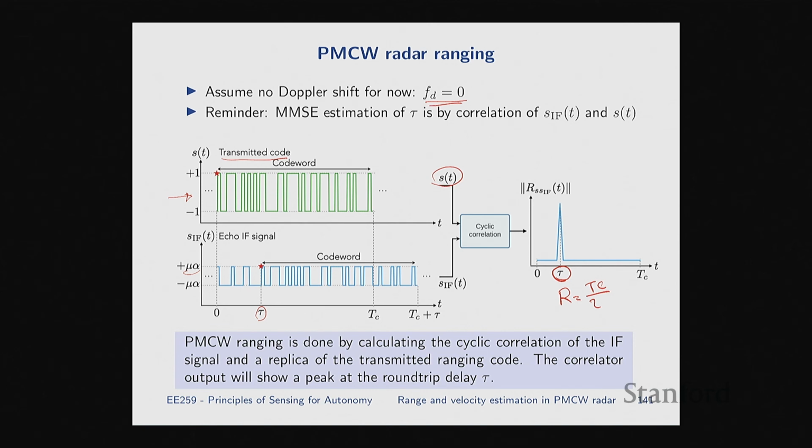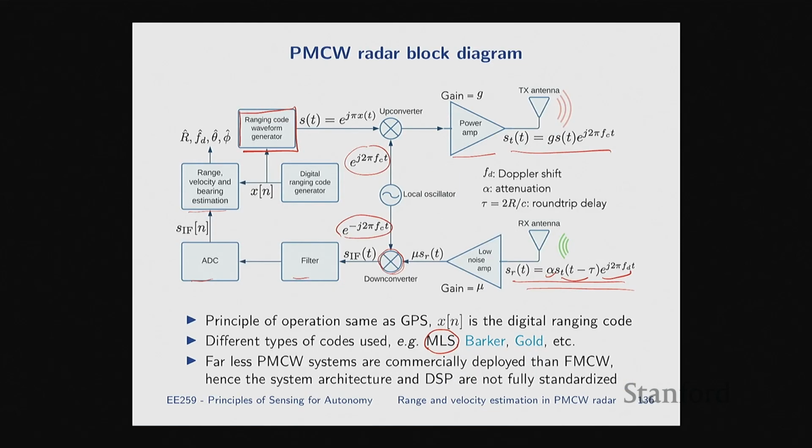The main reason, if you're interested to know why PMCW is not as deployed as FMCW, is basically the ADC that you need for PMCW. To get comparable performance to FMCW, you need much, much higher sampling rates. And by much higher, I mean something like a factor of 1,000 to 10,000 times faster.